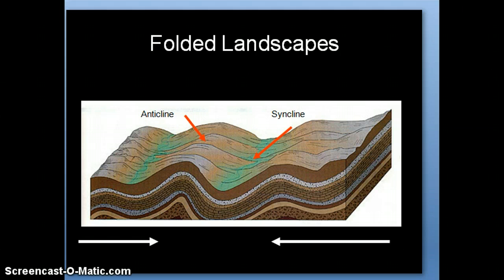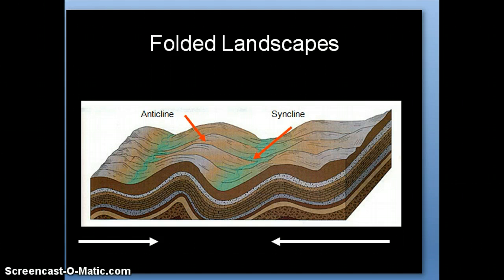Folded landscapes are a result of compression forces, so tectonic plates moving together, and often the rock will respond first by being folded, so that it's kind of like squeezing. I think there's a video in the reading list that shows kind of a carpet being pushed together.